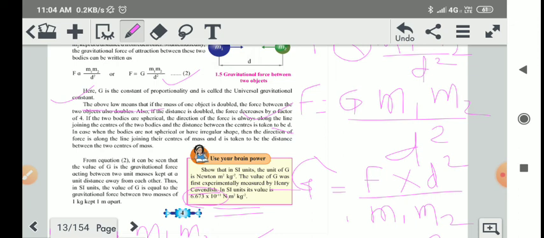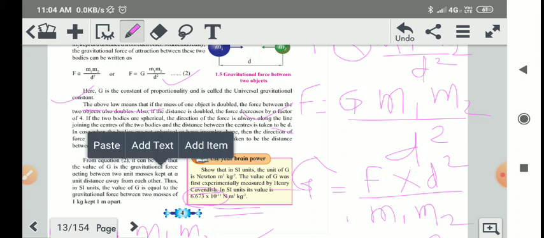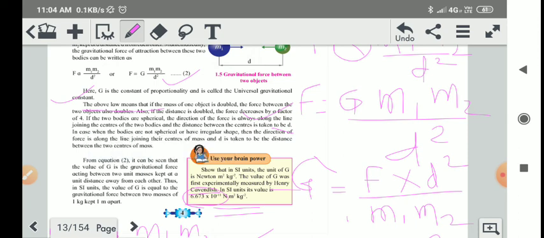And according to Henry Cavendish, the value of G is 6.673 into 10 raised to minus 11 Newton meter square per kilogram square. Okay, so this is one of the important topics in this chapter, the universal law of gravitation by Newton.